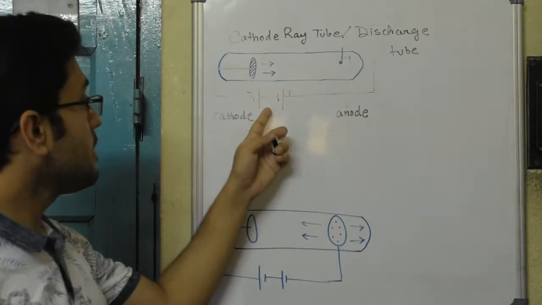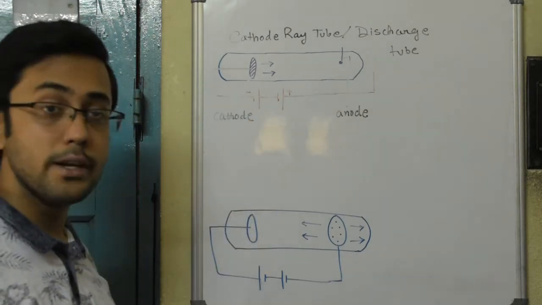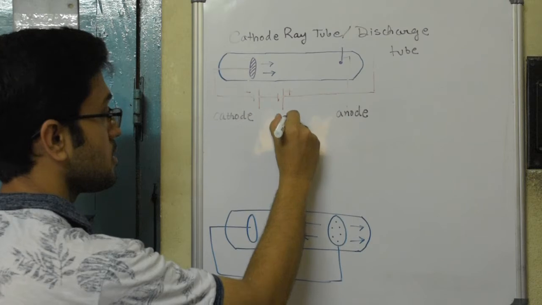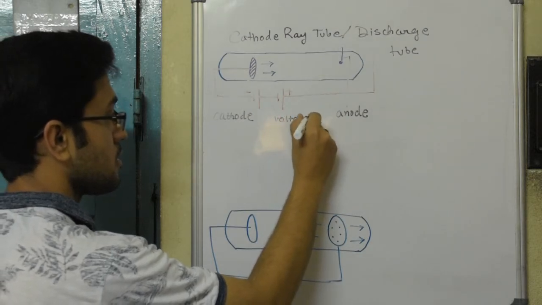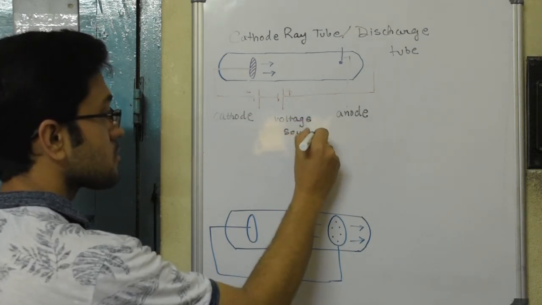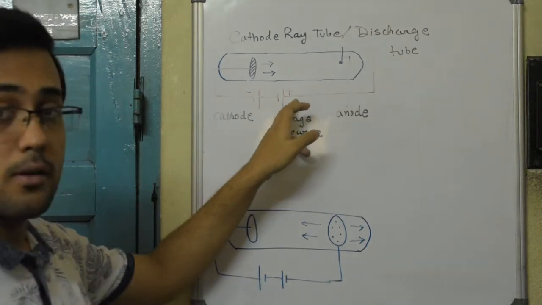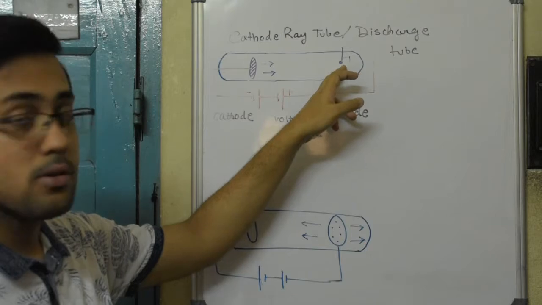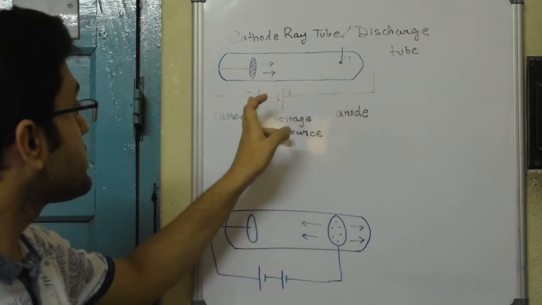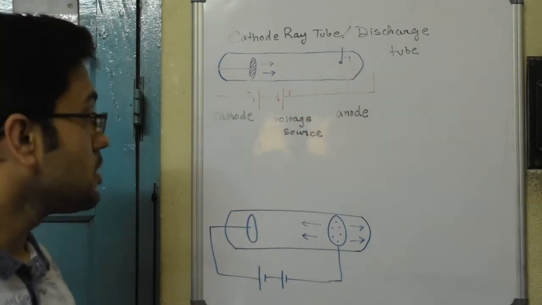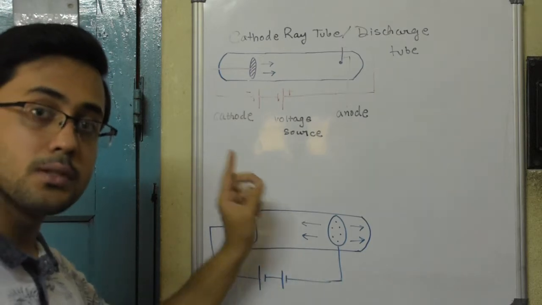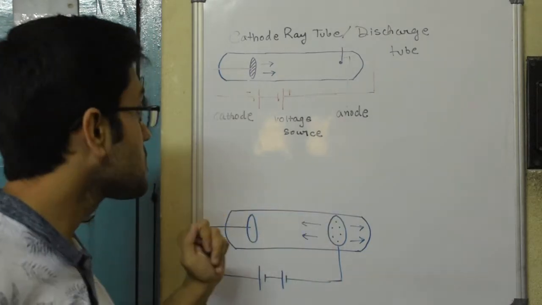And outside there is a voltage source. The positive terminal of the voltage source is connected with the anode. The negative terminal of the voltage source is connected with the cathode. So the negative terminal goes with the cathode, and the positive terminal goes with the anode.